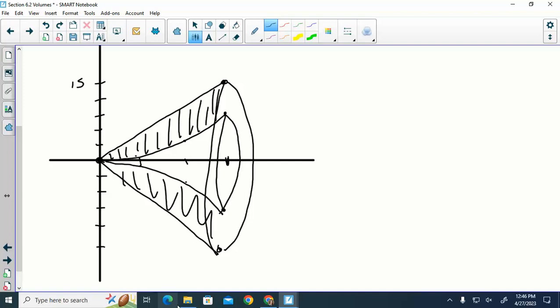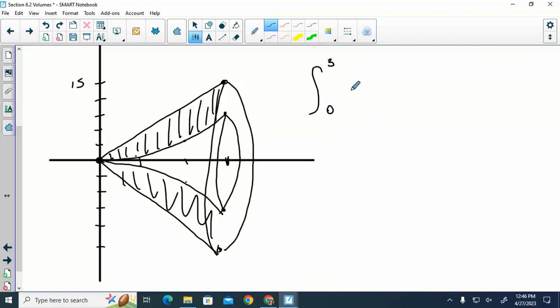Okay. So we're getting something like this. So when I integrate, if we're doing it in terms of x, my starting and stopping are my x values. Where do we start and stop?